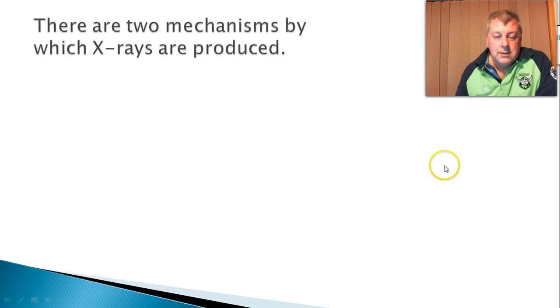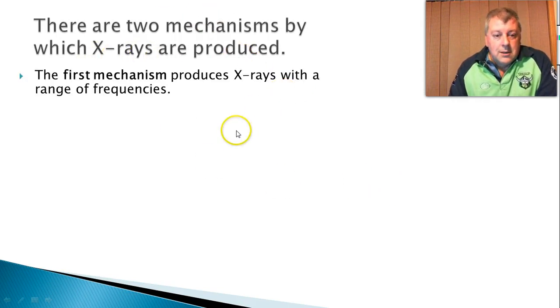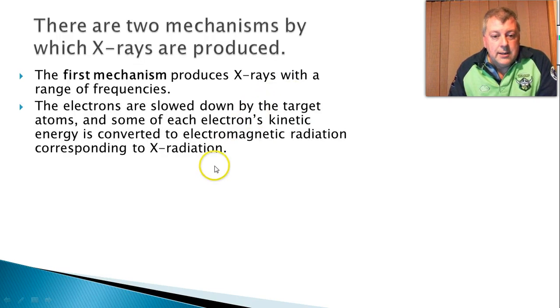Now, within that there are two mechanisms that are actually producing X-rays. The first mechanism produces X-rays with a range of frequencies across the X-ray band of the electromagnetic spectrum. How they're produced is, the electrons, which have a large velocity, are slowed down by the target atoms.